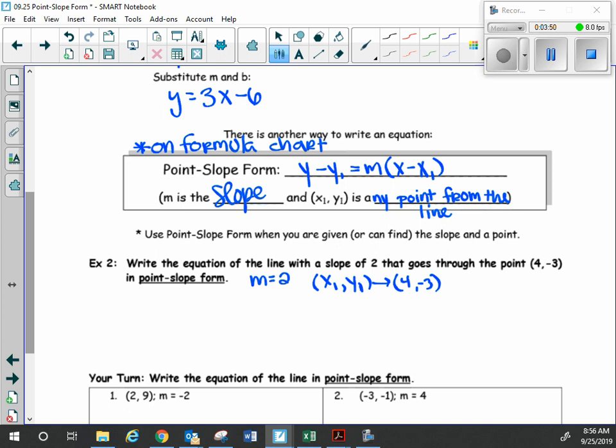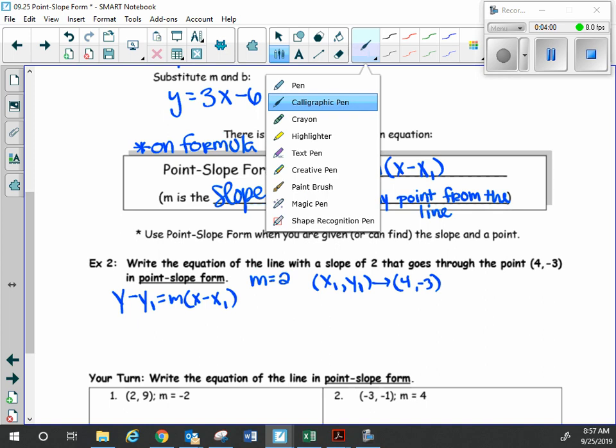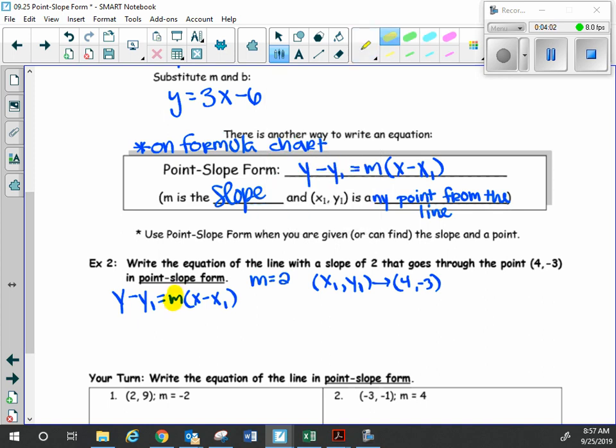So when you take the form itself, y minus y1 equals m times x minus x1, I'm going to replace my slope and my point. Okay?